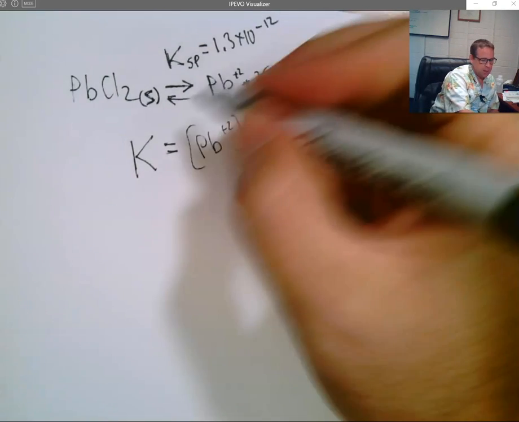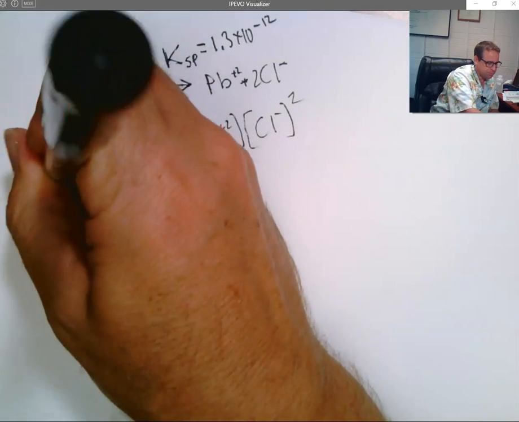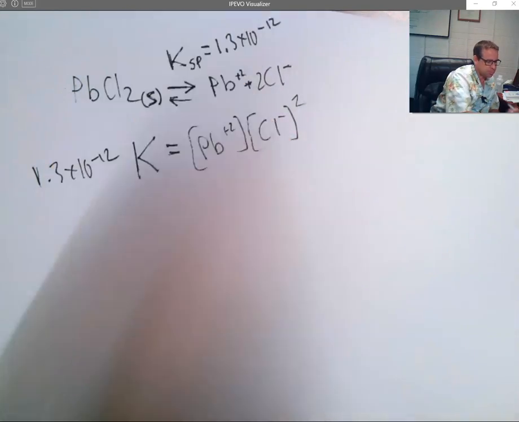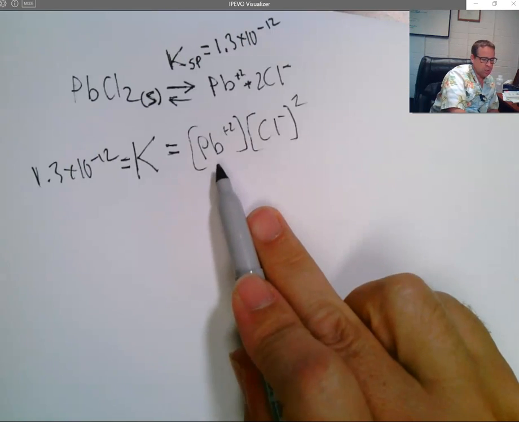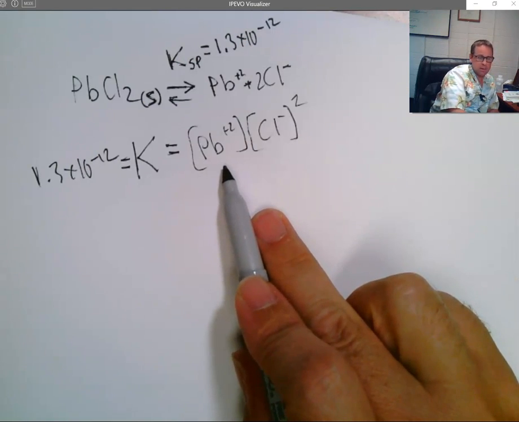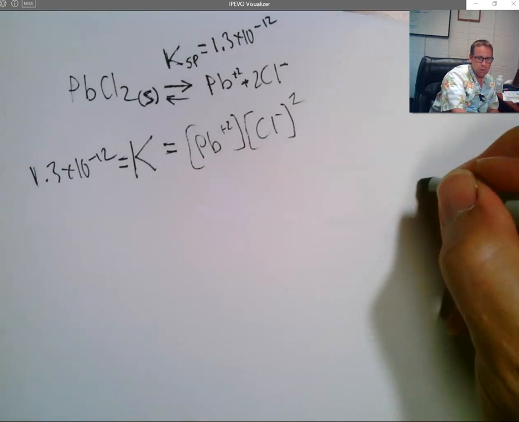And if we're told that this number is 1.3 times 10 to the minus 12, we can solve for the concentration of lead ion when we put some lead chloride into water.